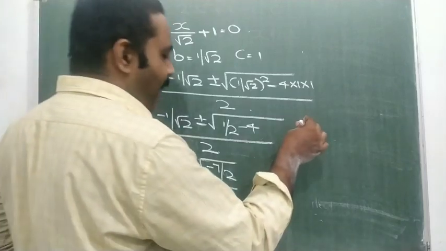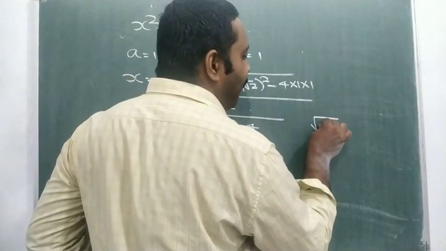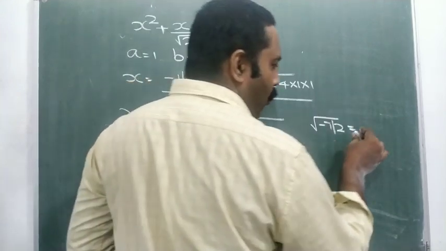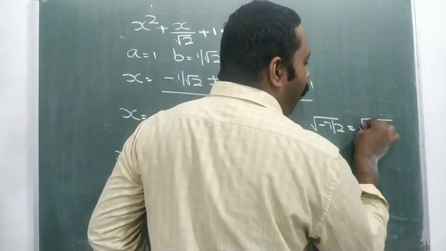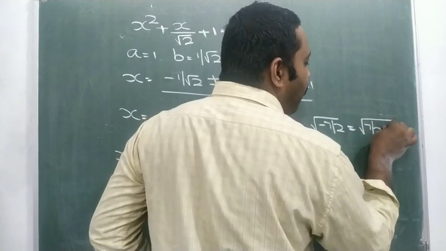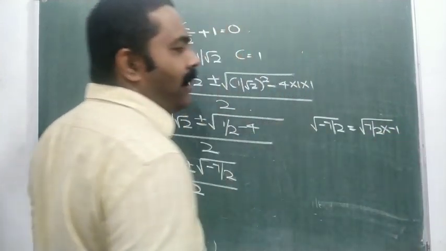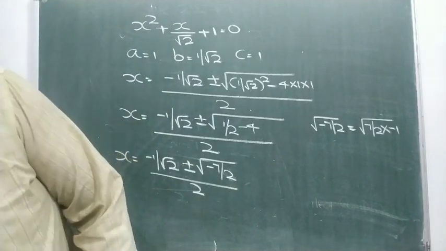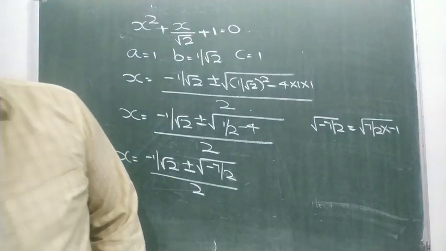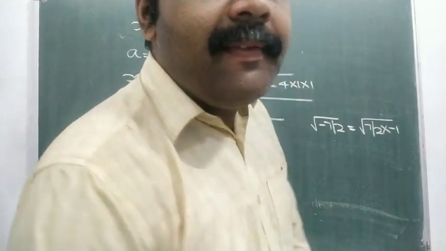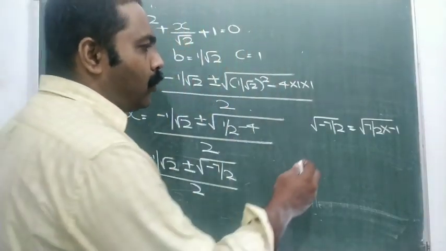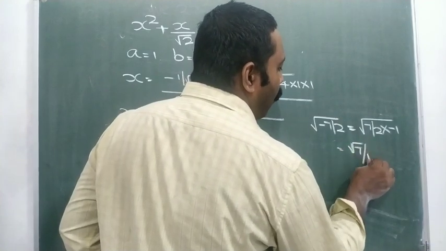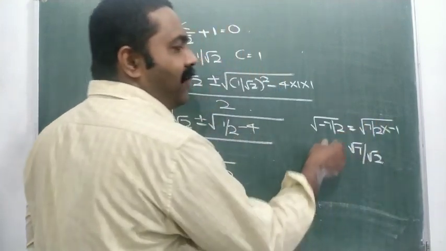How can we write root of minus 7 by 2? Root of minus 7 by 2 is root of 7 by 2 into minus 1. That is root 7 by root 2.